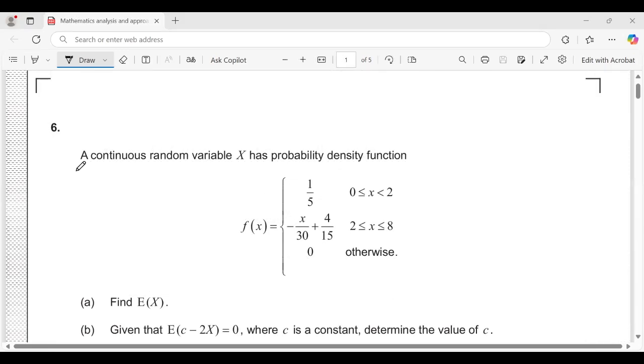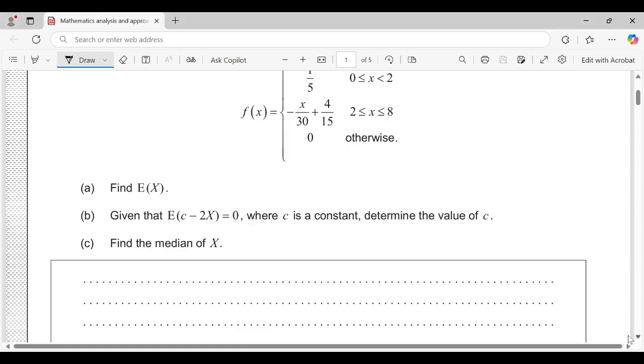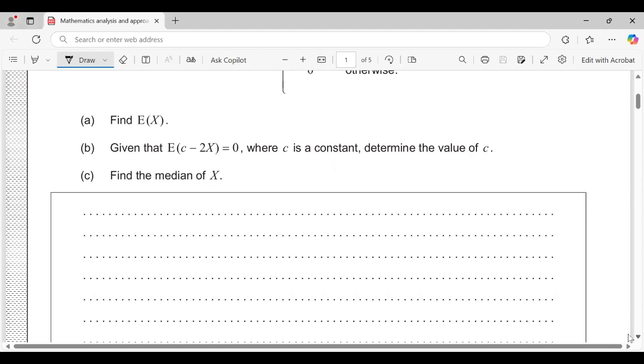Number 6, a continuous random variable x has probability density function, this function. Find the expectation of x. To find the expectation of x, we are going to use integrals.